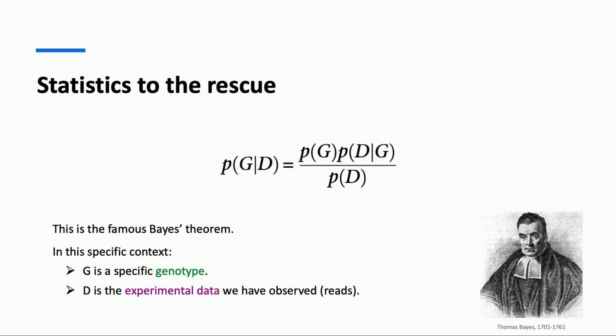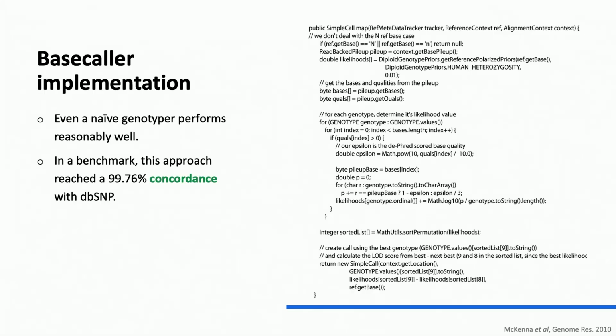And what's remarkable is how nicely it applies to this problem, because it allows you to compute the probability of a given genotype, that is a series of nucleotides, given the data that you have actually experimentally observed. Now, of course, I don't want to dwell too much on the technicalities here, so suffice to say that it is possible to convert that into some code, which you will find listed there. It's really, really short if you think about it, and still it works quite okay.